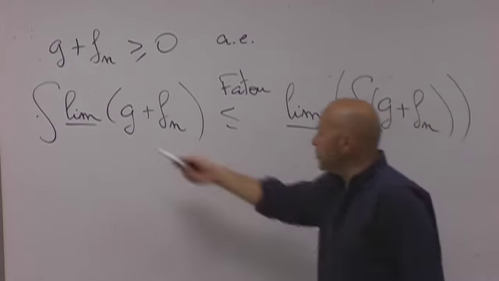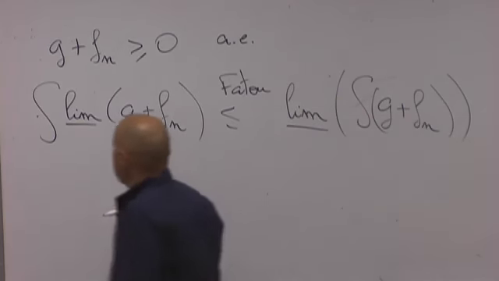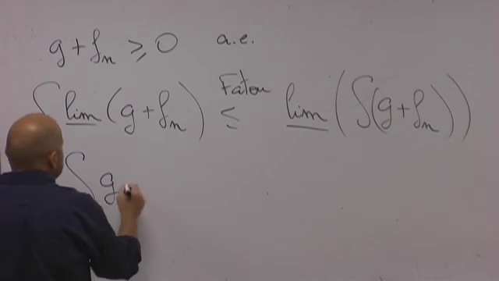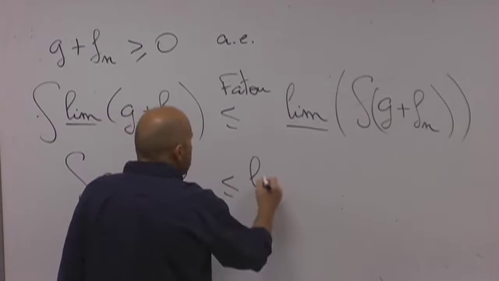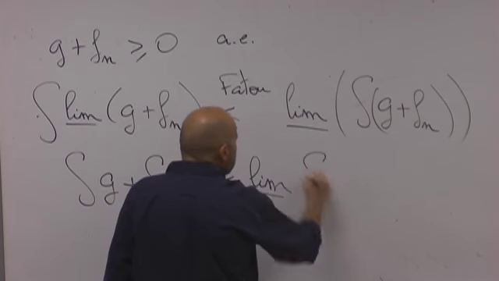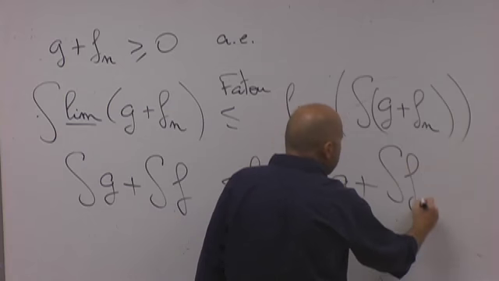Now this thing converges to g plus f. So I can just replace this by the integral of g plus the integral of f less than the lim inf of the integral of g plus the integral of Fn.